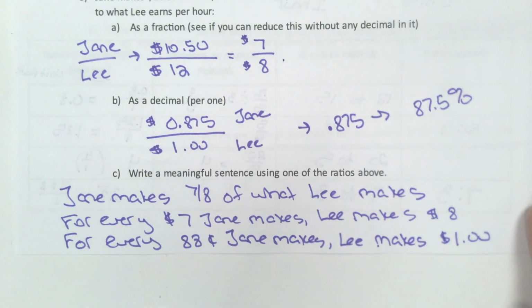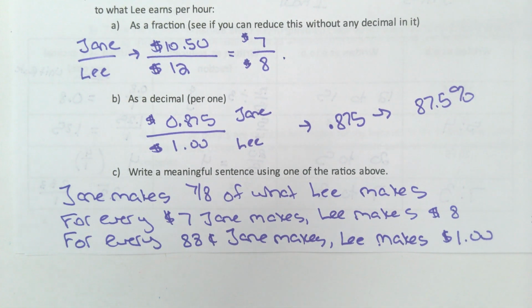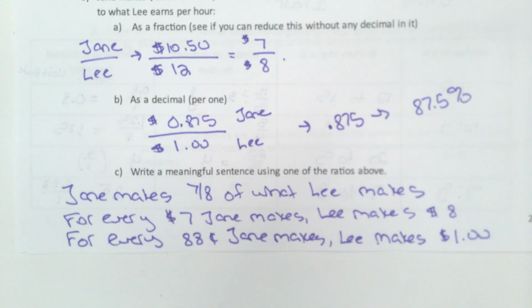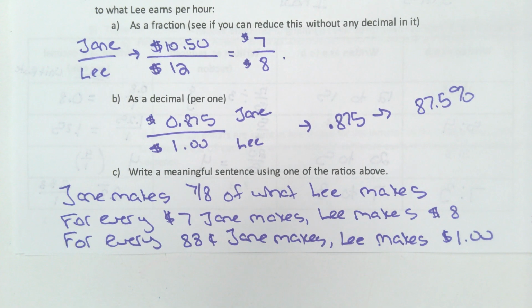Maybe some of you are going to go into marketing in the future. Maybe you're going to have to write a paper and prove a point. So if you were trying to prove a point that Jane makes less money than Lee makes, what do you think proves the biggest point?